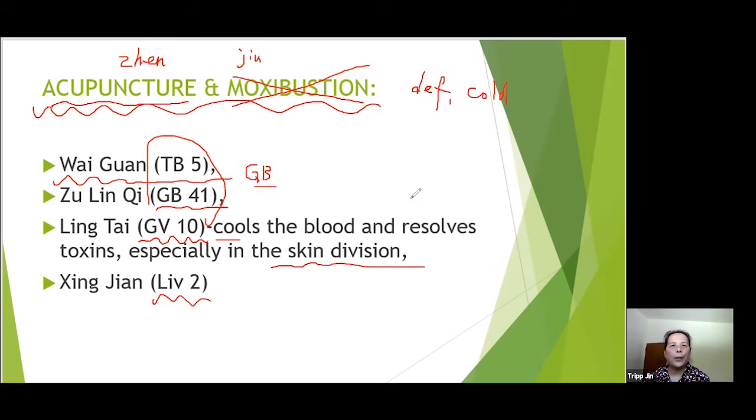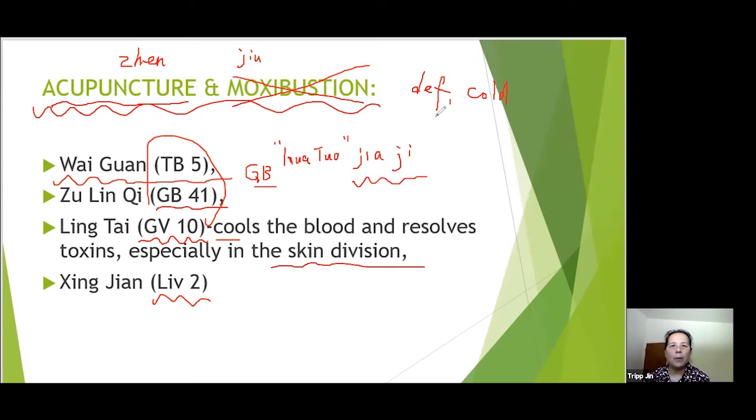From my experience, I like to use jiaji points, also called 华佗jiaji. 华佗 is a famous doctor's name. He found these points and named them by his name, and sometimes they are simply called jiaji.